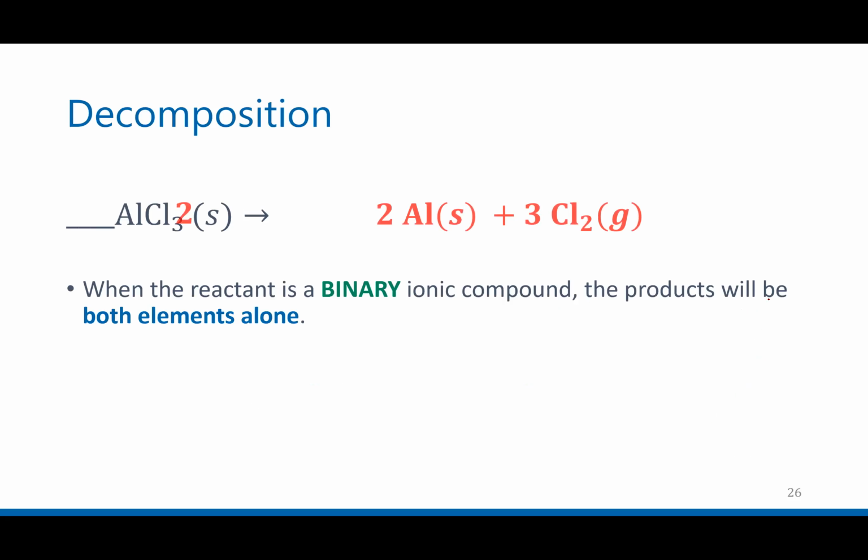Okay, now guys, you'll notice the answer here in red, the 2 is in the wrong place. It just kind of shifted when I made my slides, so we'll do this one together. So when the reactant is binary, meaning there's only two elements, binary meaning two.